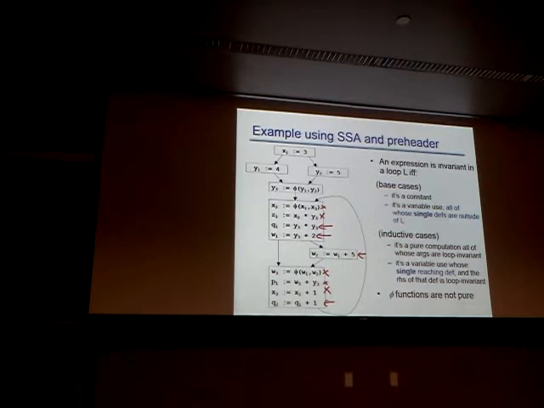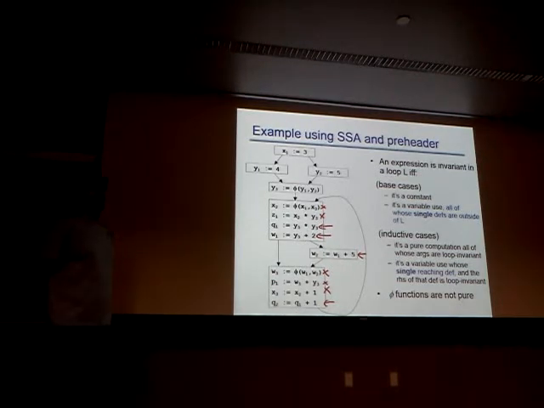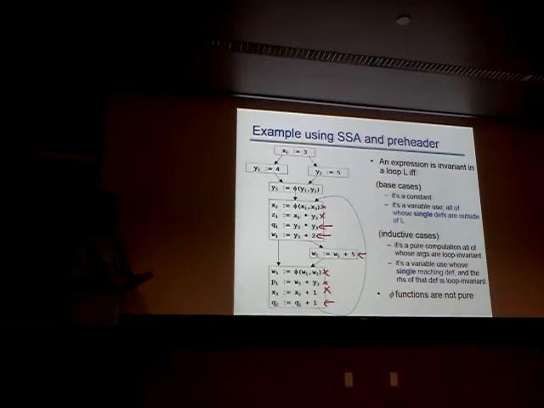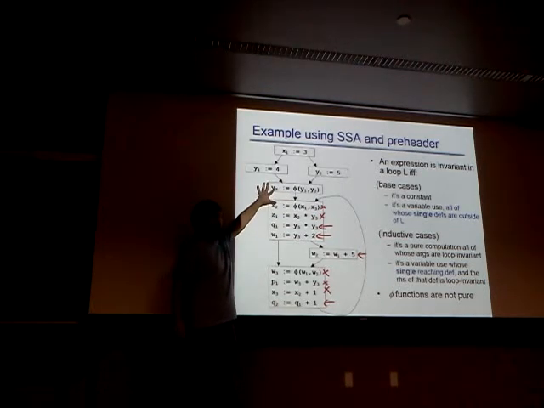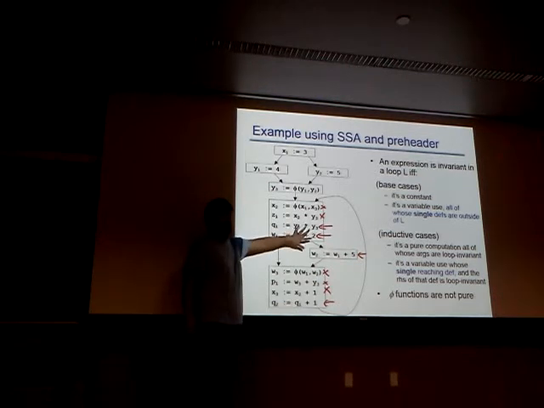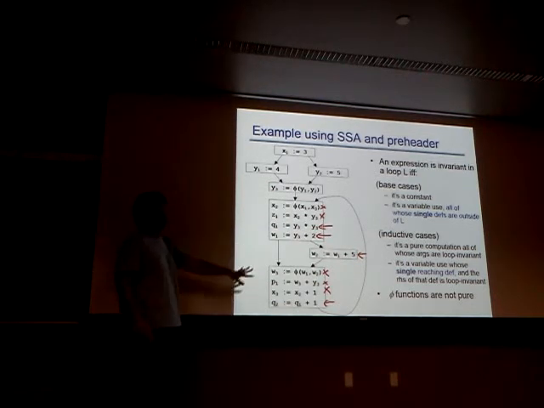How would we know that we can pull that up? Let me clarify here. So far, putting that phi node here versus up there is just an SSA conversion issue. We have not yet talked about pulling any loop invariant computations out. We're just identifying them.